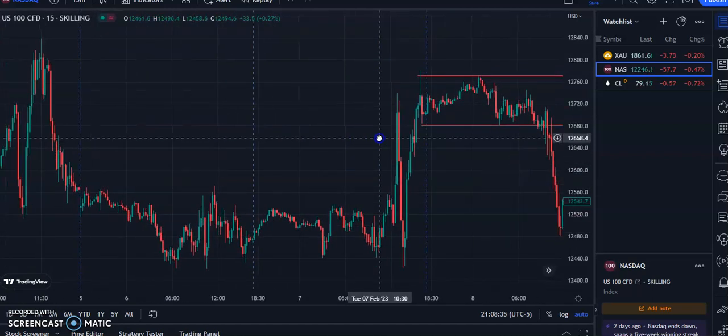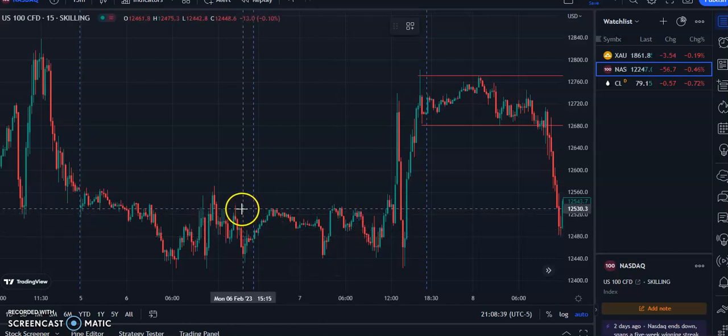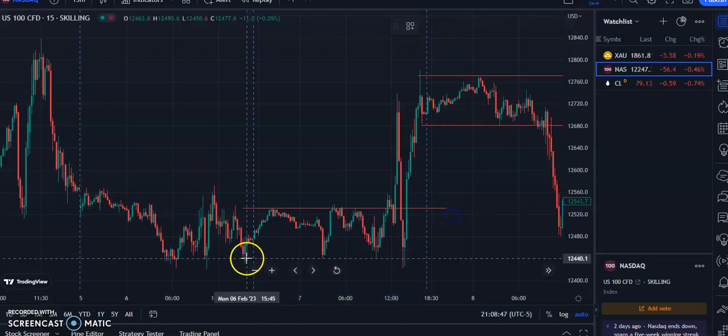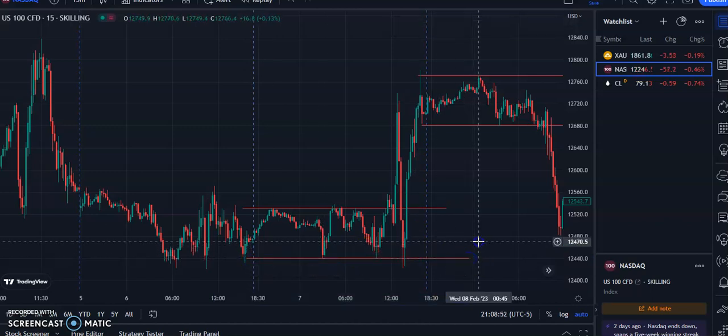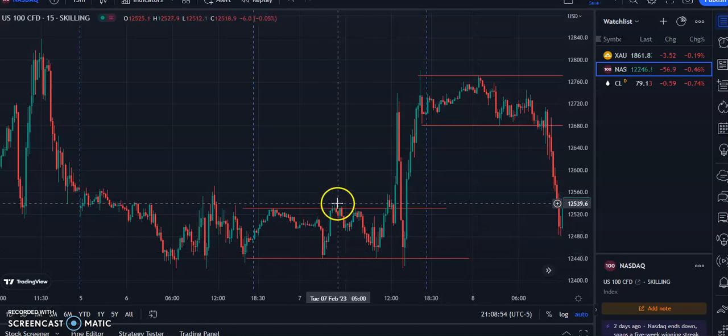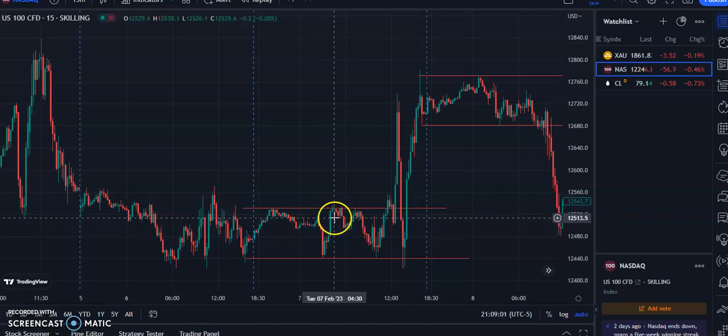Let's look at another example. Now, this is an example of a consolidating market. What do you do in a consolidating market? You wait for the market at the extremes. So, if the market comes to the high of the day, it's not a must that you sell every time the market's at the high.